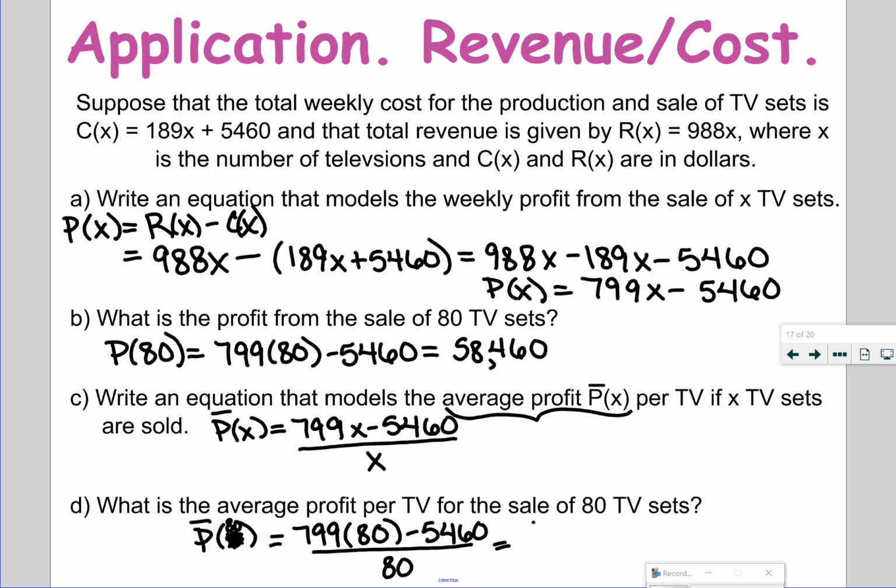Now I know the numerator already. That was 58,460 divided by 80. And I'm going to get 730.75. 2 decimal places is reasonable here because it's dollars and cents. My profit per TV, if I sell 80 TVs, is $730.75.